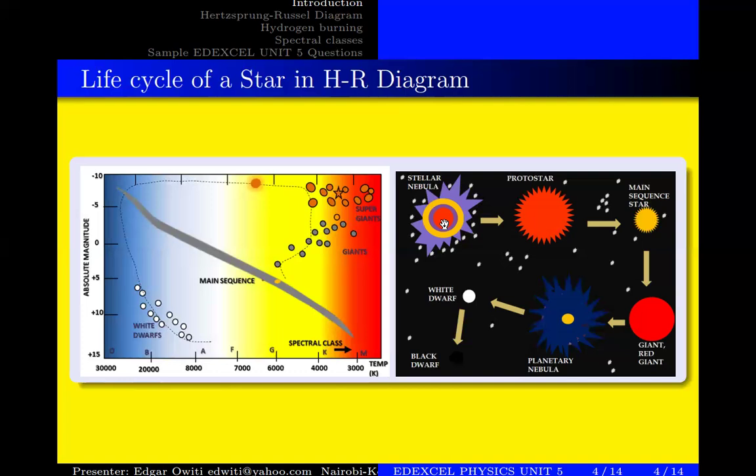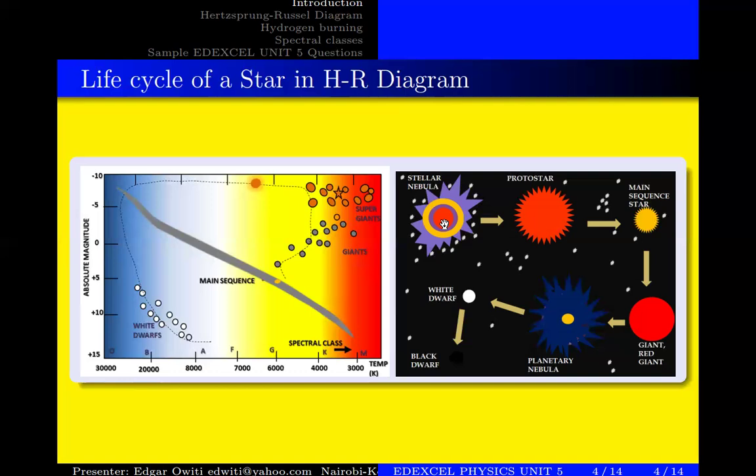These hydrogen atoms are basically the primordial hydrogen, which attract each other through gravitational attraction that pulls them together, and that gravitational pull increases, and more hydrogen atoms come together.